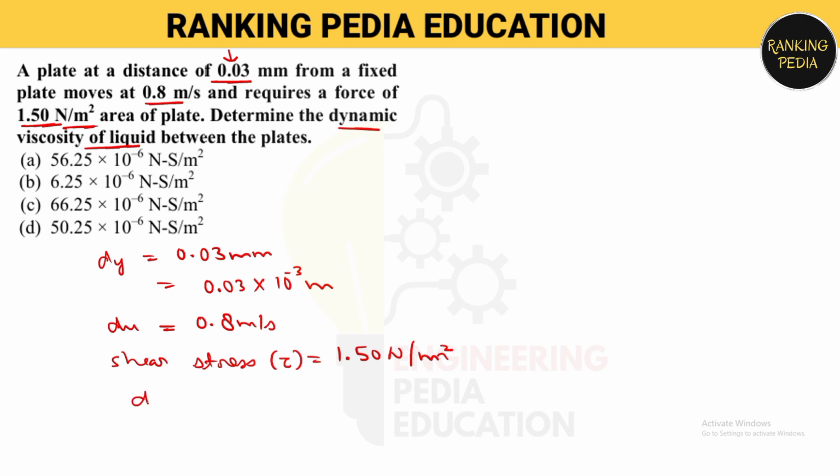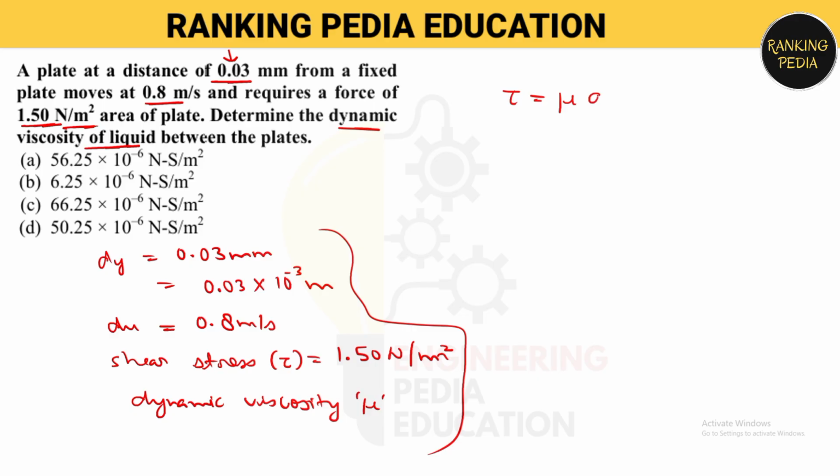So we have to calculate the dynamic viscosity, which we will denote by mu. Shear stress is equal to dynamic viscosity times du by dy.